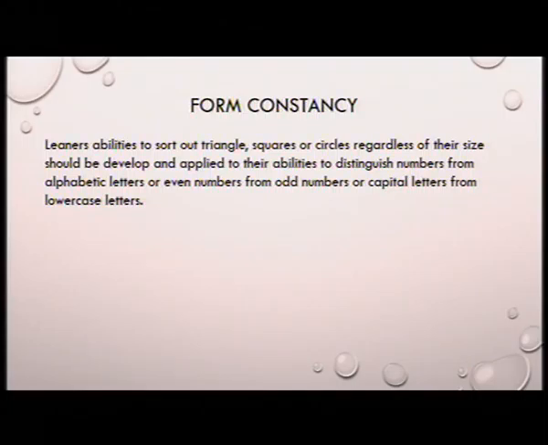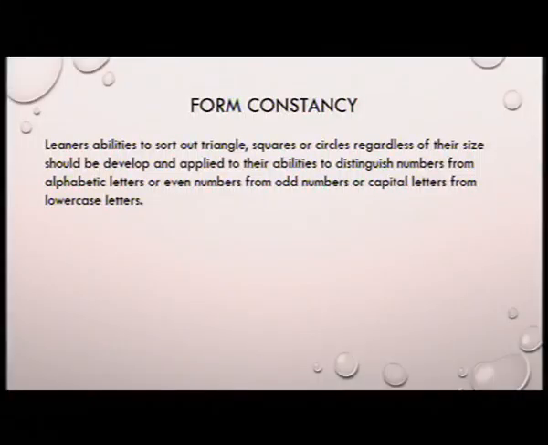It is all about the form, the shape of the object, how it is shaped, and so on. And then their skills should be developed and applied to the ability to distinguish numbers from alphabetic letters. So you can have cut-out numbers and alphabetic letters, and you say, please put all the numbers on this side and all the alphabetic letters on this side.